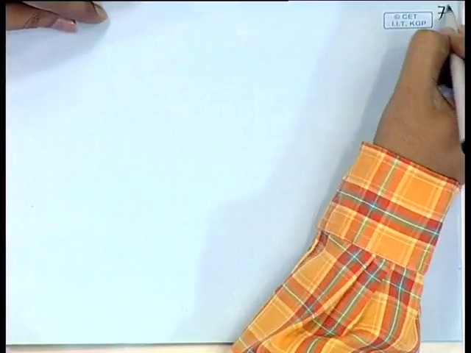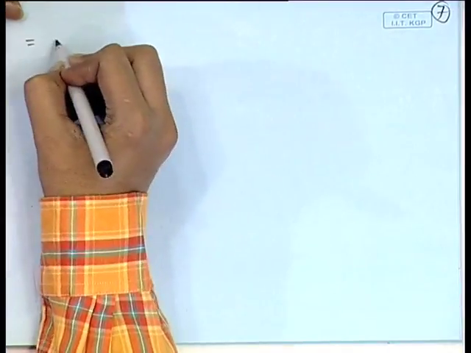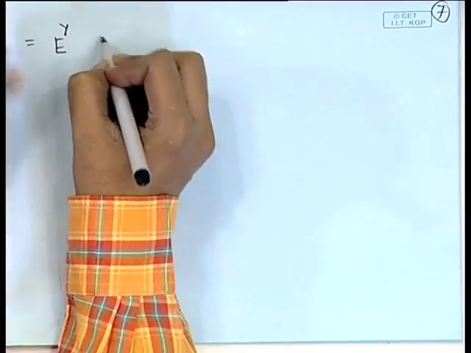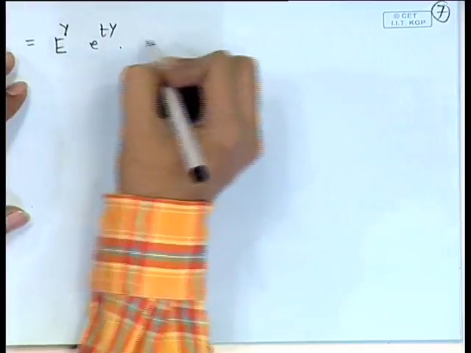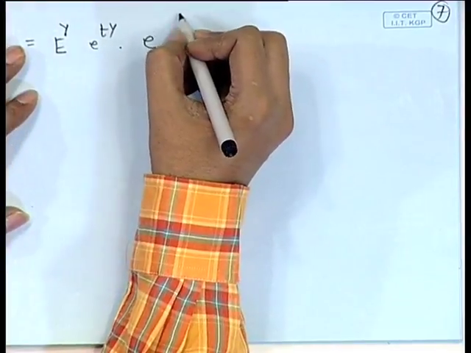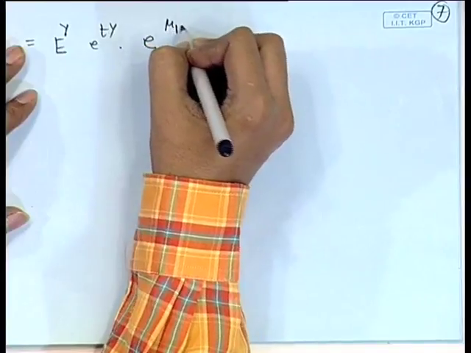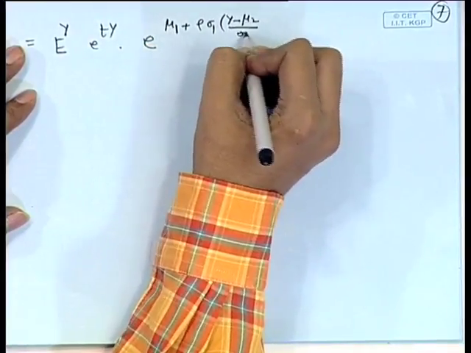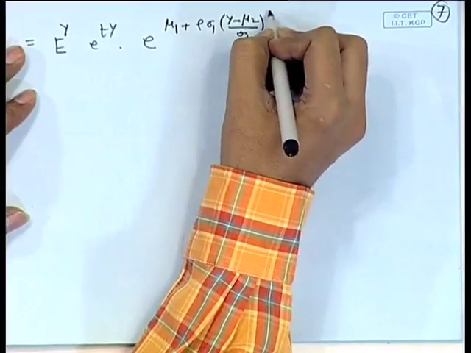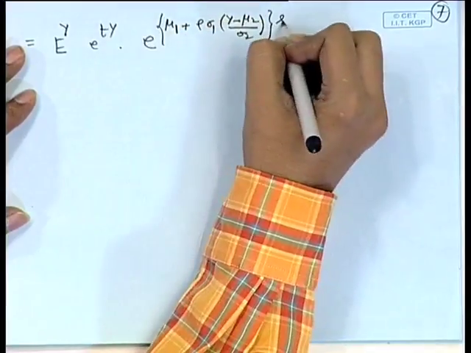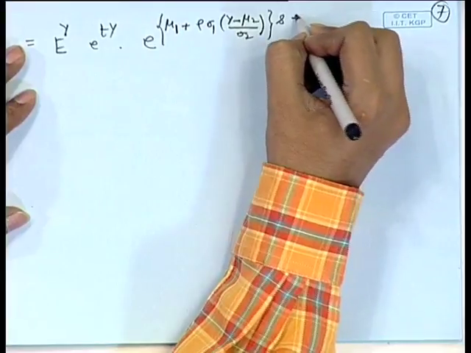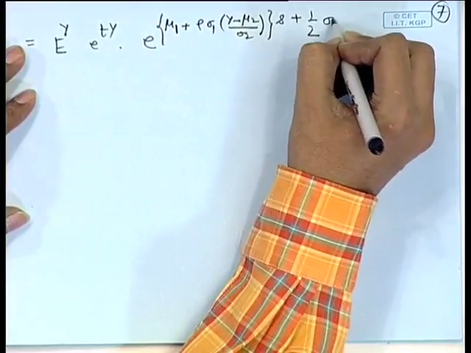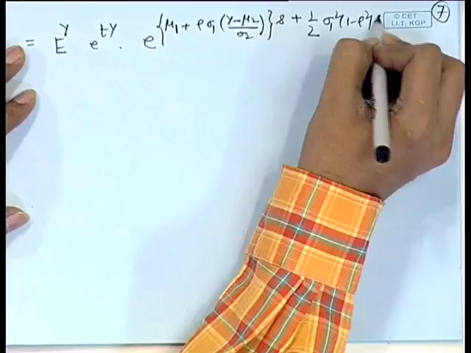So, this can be expressed as expectation of e to the power t y times e to the power mu 1 plus rho sigma 1 times y minus mu 2 by sigma 2, into s, plus half sigma 1 square 1 minus rho square s square.